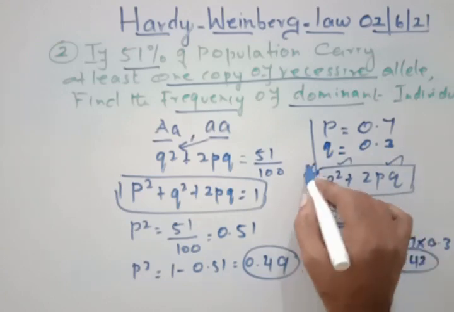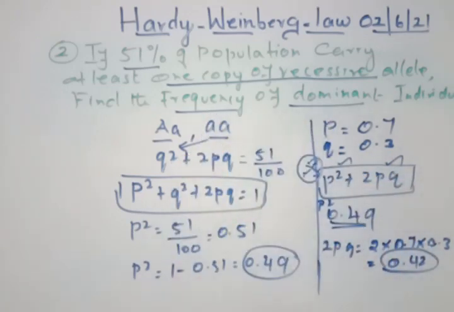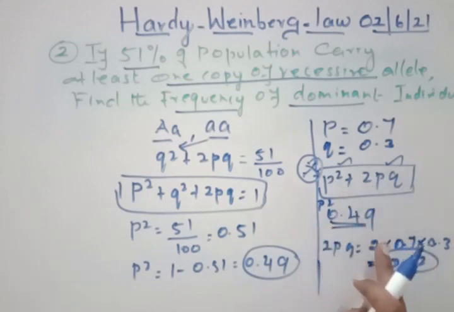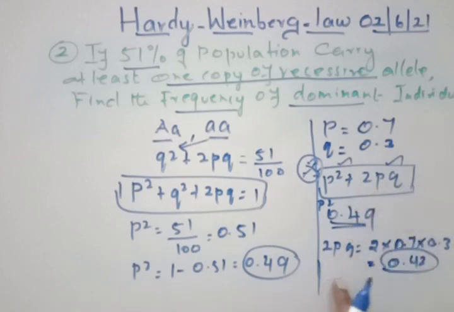So this is the formula for finding out the frequency of the dominant allele, p square plus 2pq. So p square you will have 0.49. Okay. So now for the value of 2pq, heterozygous dominant is 2 into p, the value of p is 0.7, and the q is 0.3. So if you multiply, you will get 0.42.